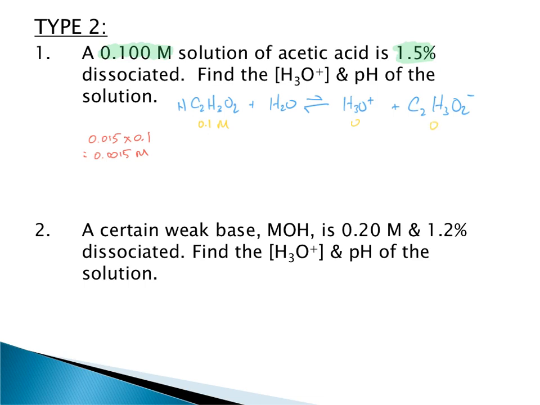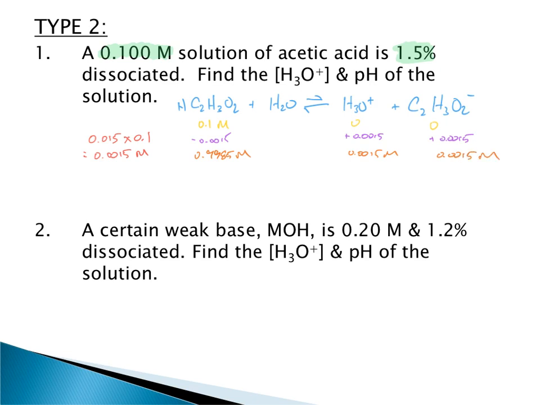Then we subtract 0.0015 for the acetic acid, and we add that same concentration to the products in the chemical reaction, which in turn gives us final concentrations of 0.0985 molar and 0.0015 molar and 0.0015 molar.